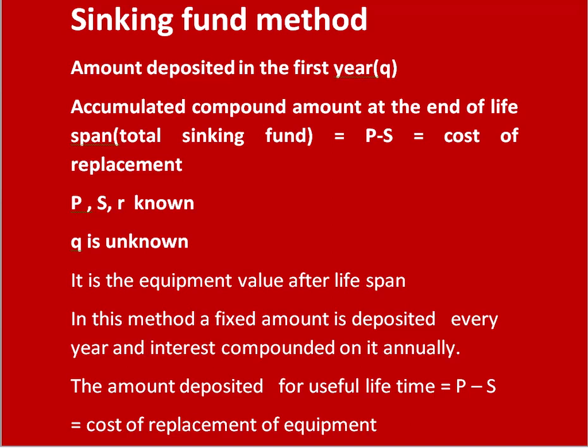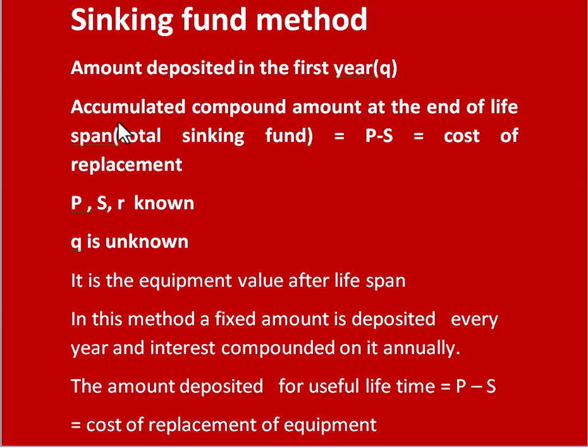Here we do not use the term depreciation factor or the word depreciation, because here the amount is deposited in the first year itself. So to get the new equipment, knowing the right amount Q to be deposited in the first year is the main aim of the sinking fund method.